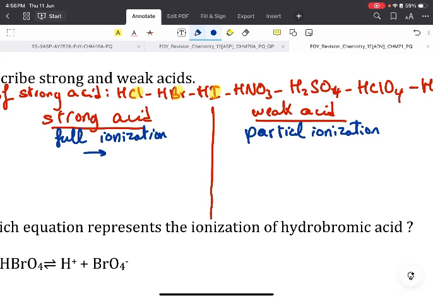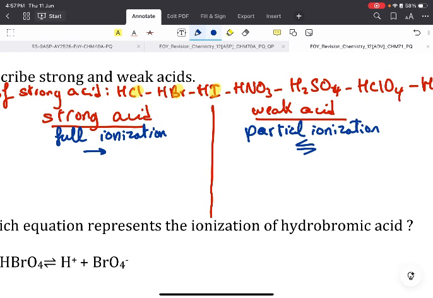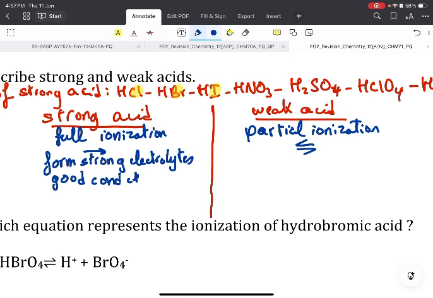In the equation of the ionization of a strong acid, we use this type of arrow. In the ionization of a weak acid, we use the reversible arrows. Strong acids form strong electrolytes, and that's why they are good conductors of electricity.